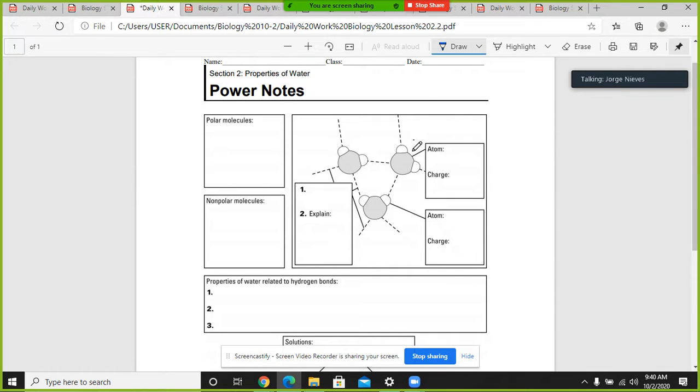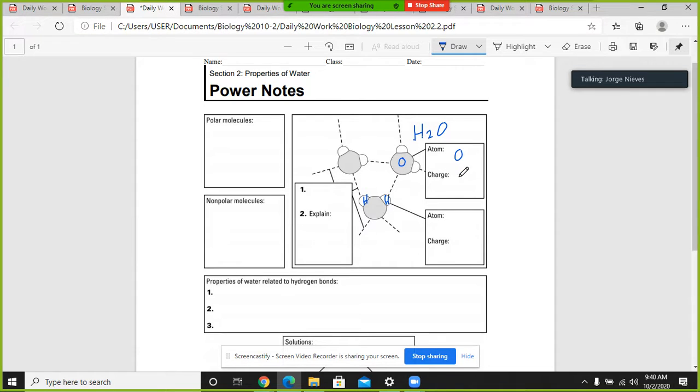This is an H2O molecule that has one oxygen. This is the oxygen, and these are the two hydrogens. So we see that the atom we have here is the oxygen.